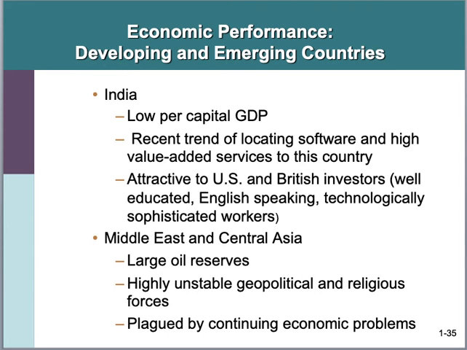A few more regions that we want to know about. India is going to be the most populous country in the world in just a few years. Incredibly attractive to people, but it's a very poor country, even lower per capita GDP than China. And it's attractive to U.S. and British investors because many people speak English, but it's also unattractive because when you think about China, you have one language and one culture.